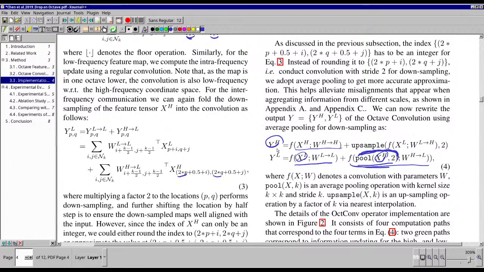And YH is supposed to house high frequency, right? But how come we apply a convolution on low frequency and then upsample? This is definitely low frequency, because it came after upsampling. Yeah, this makes no sense.